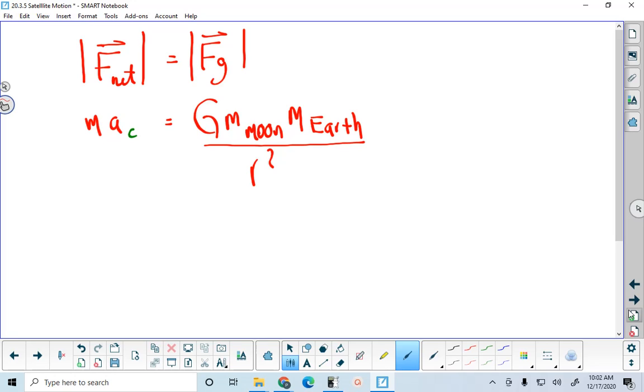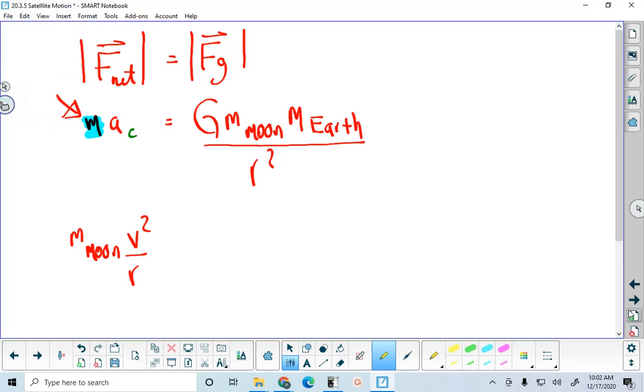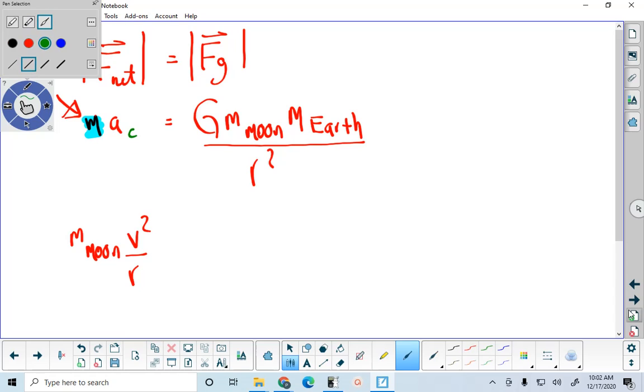Going a little bit further, I'm going to add a subscript of moon on the left, because this mass that I'm highlighting is the mass that accelerates, and it's the moon in orbit around the Earth, not the other way around. And I've changed centripetal acceleration to v squared over r, so we get m of the moon times v squared over r equals G, m of the moon, m of the Earth, over r squared.